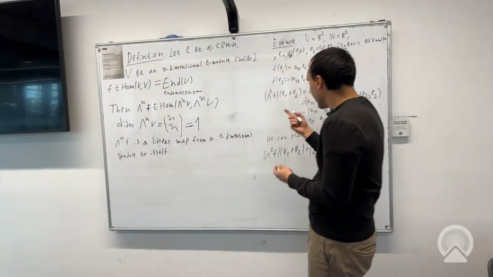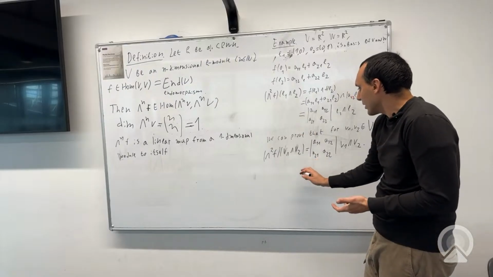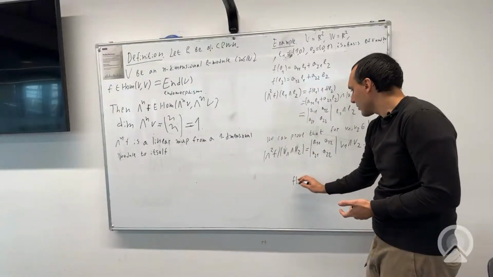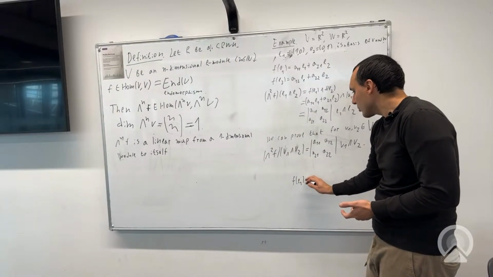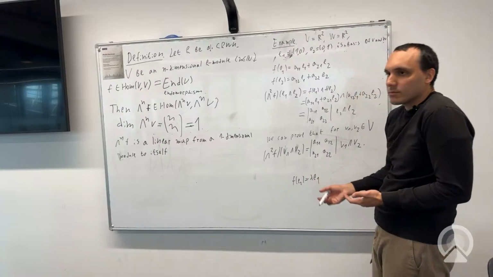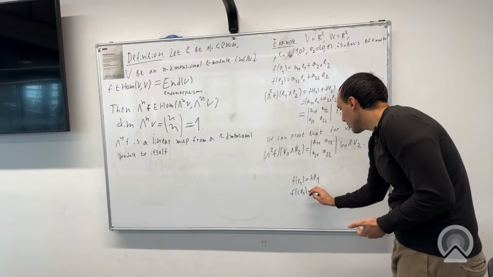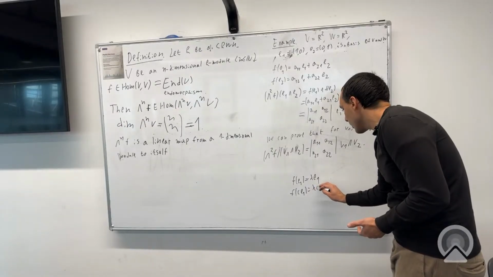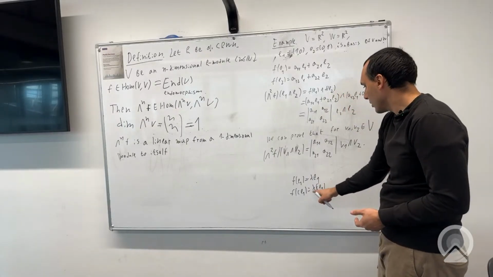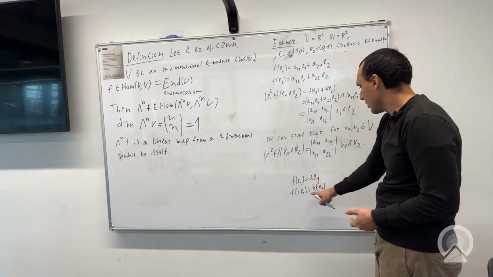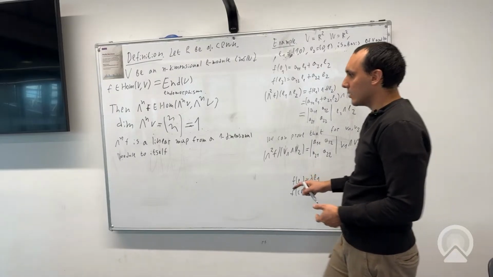Now, if you have a one-dimensional module, it has some basis, lambda e1, and some coefficient. If I multiply, f of c e1 will be lambda c e1, and so the coefficients will be the same.